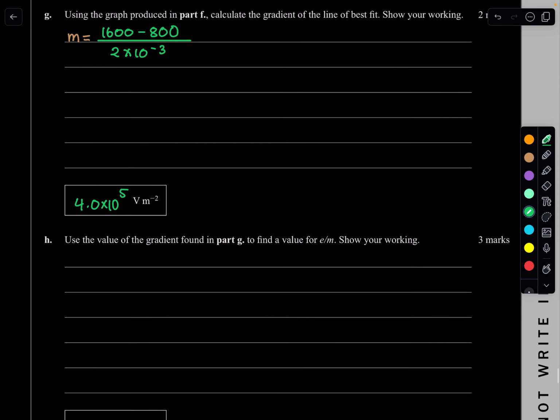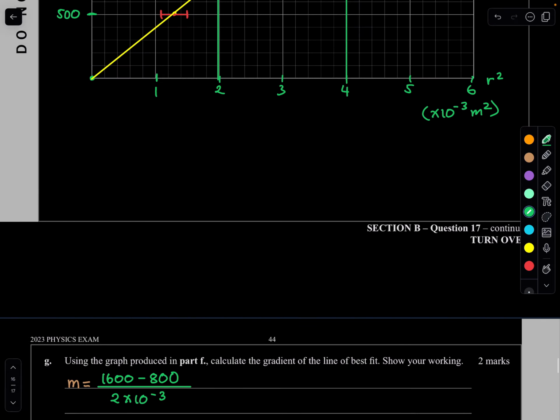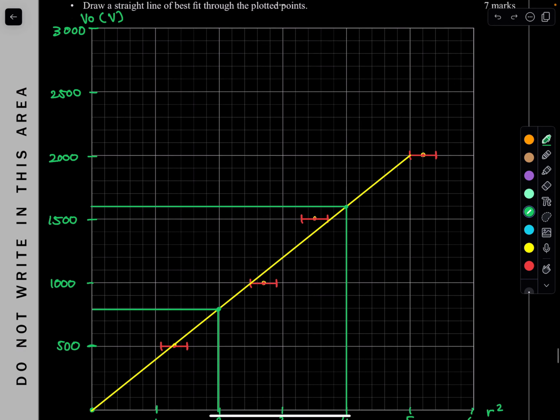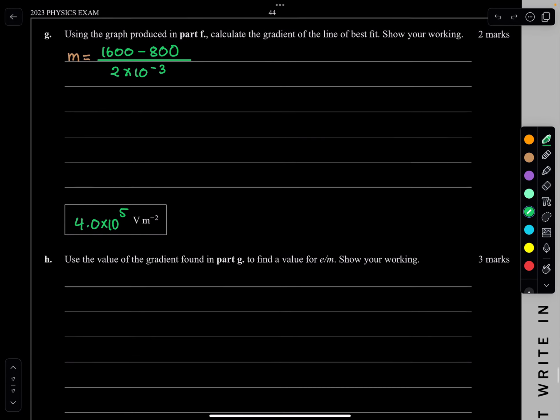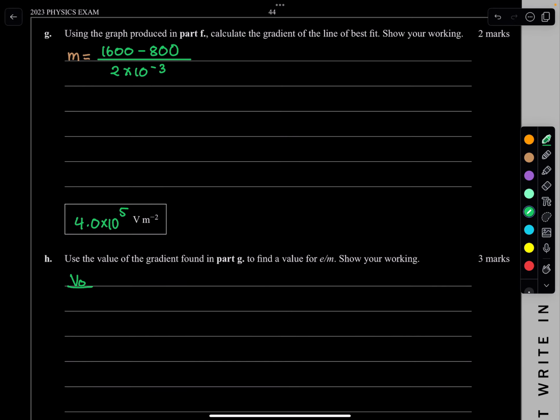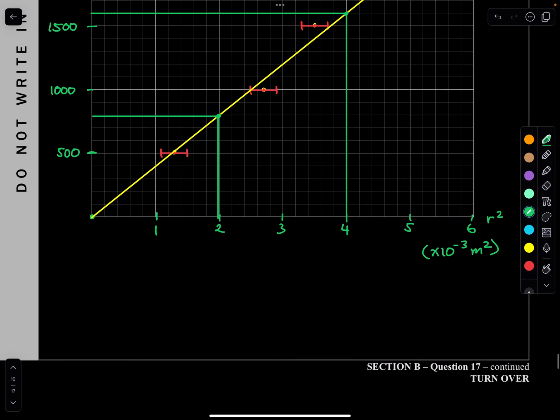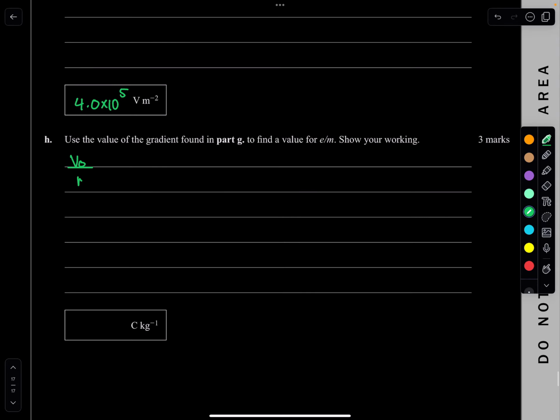Beautiful. Use the value of the gradient found in part G to find the value of E over M. Show your working out. Okay, so what does our gradient actually represent? It just represents the change of this over that. So your V, your voltage, your V naught divided by your R squared, basically. Your x-axis, so R squared. This is our gradient.